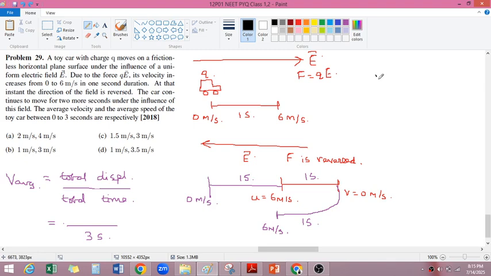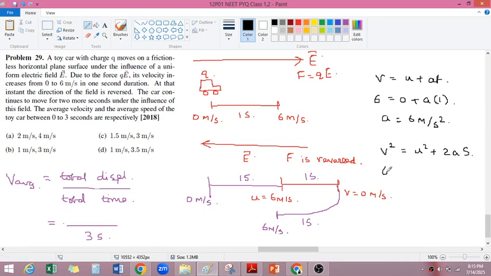Let me try V is equal to U plus AT. So V is 6, U is 0, A I don't know, T is 1 second. That means acceleration is equal to 6 meter per second square. Now if I want displacement, I can use V squared is equal to U squared plus 2AS.